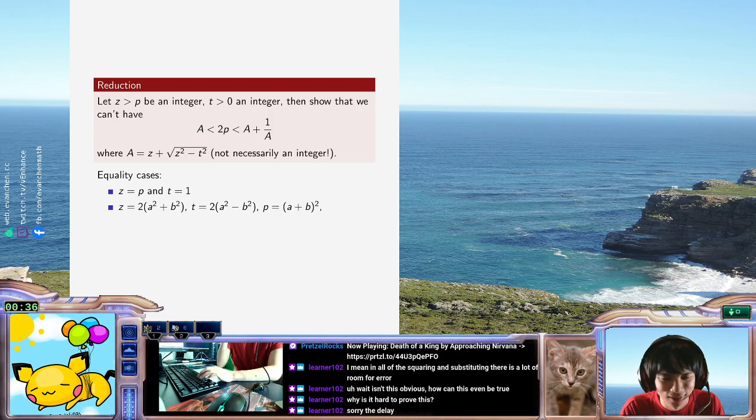Yeah, yeah. We'd be done. It's funny because in the equality case, A is actually a bona fide integer, but it's not here. Oh my god. Freaking.